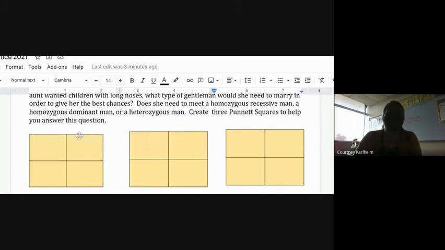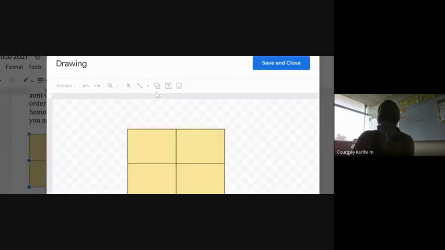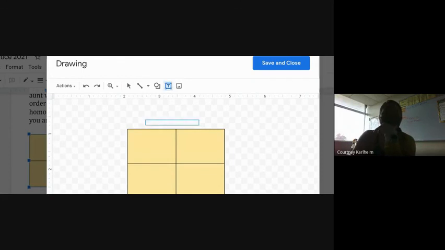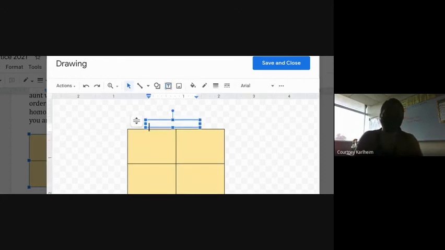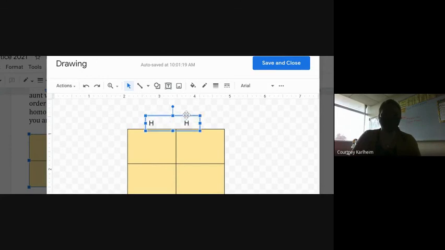So we're going to create the 3 Punnett squares. So her options would be a homozygous dominant, that would be 2 uppercase.